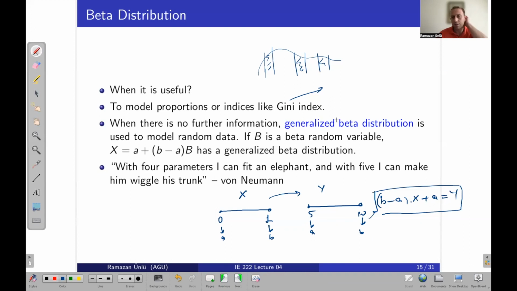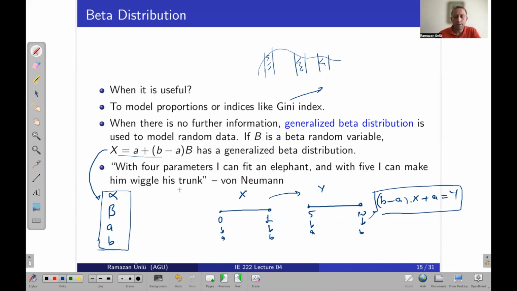Actually, that is not called the standard beta distribution, but let's say the standard beta distribution in the same way. Okay, but in this case, you need to know 4 different parameters. Which ones? Alpha, beta, A, and B.